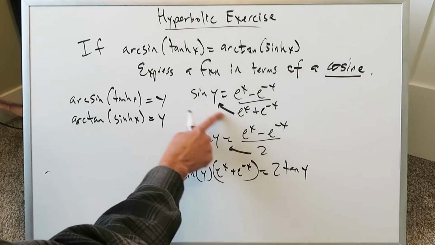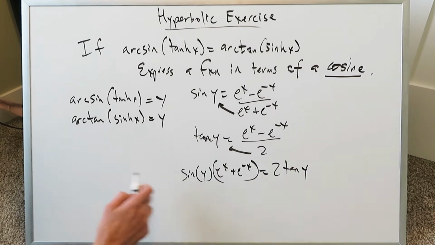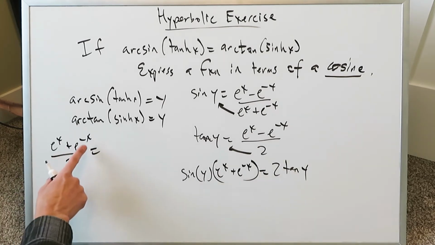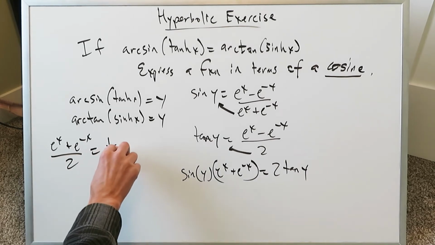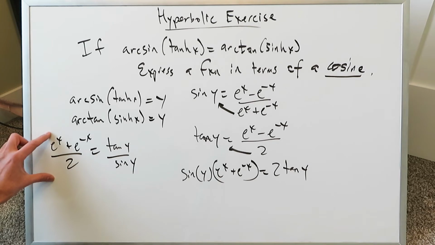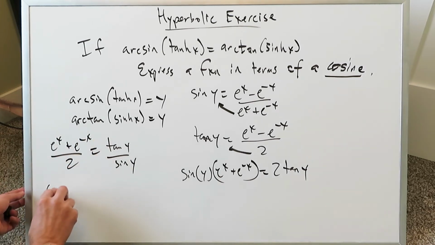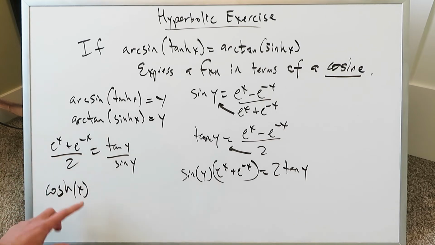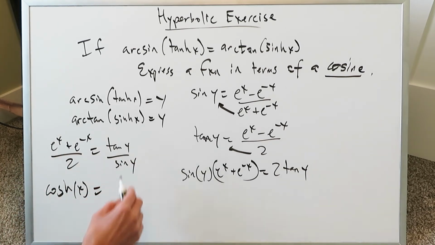All I did over here was cross multiply. Bring the 2 on one side and the sine y on the other. I have e to the x plus e to the minus x over 2 is equal to tan y over sine y. This right here is the definition of hyperbolic cosine x, right? E to the x plus e to the minus x divided by 2 is hyperbolic cosine. This right here you can simplify.